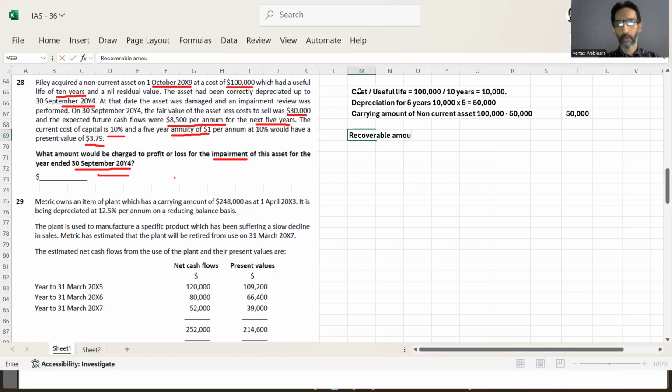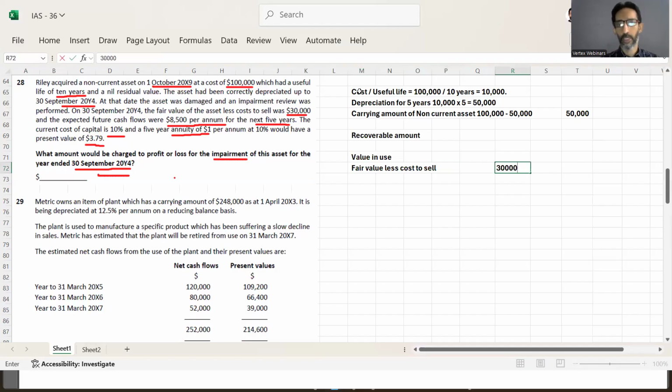The recoverable amount is the higher of value in use and the fair value less cost to sell. So fair value less cost to sell is provided to us, which is 30,000.